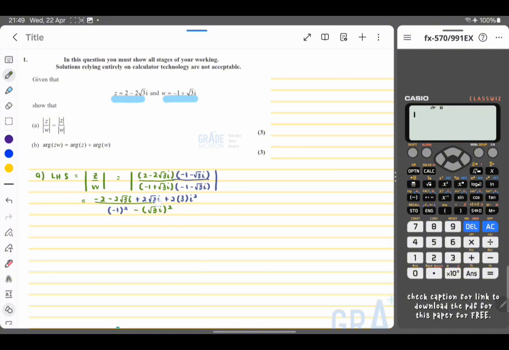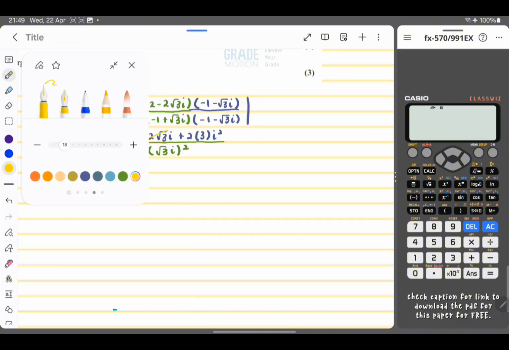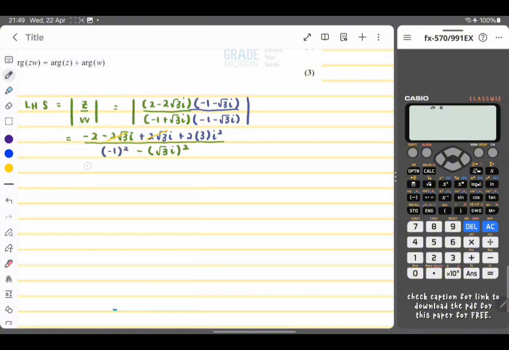Okay, so let's simplify both our denominator and numerator. Notice that these two will eliminate each other. So what we will get is negative 2 plus 6 multiplied by negative 1. Negative 1 comes from i squared.